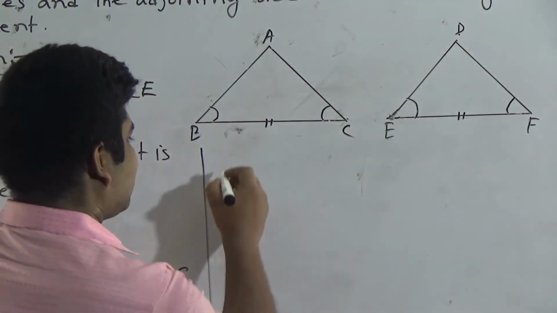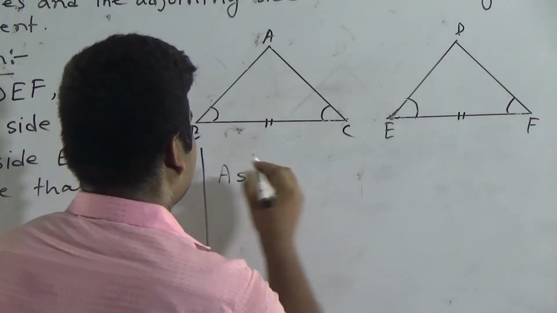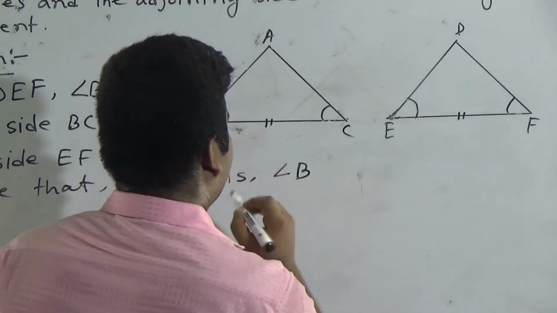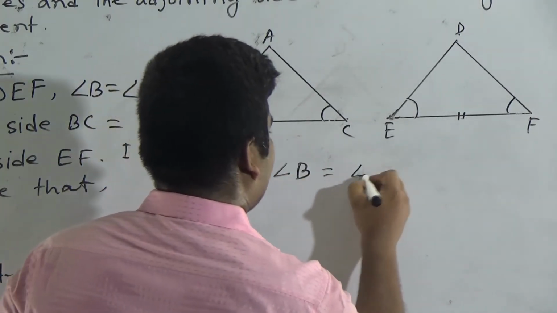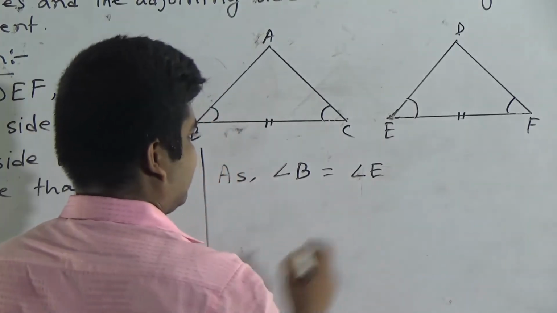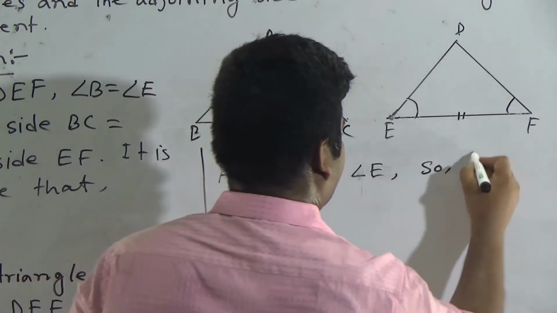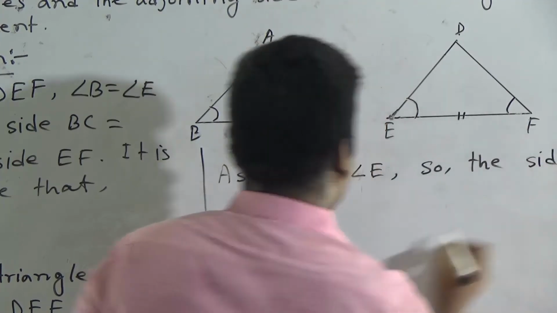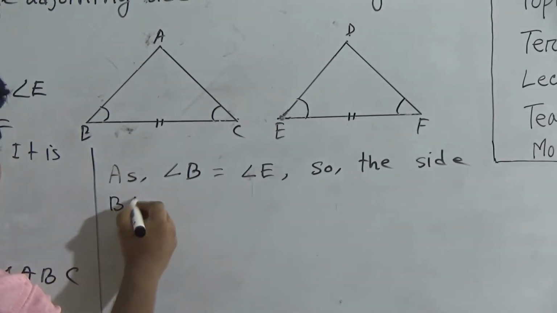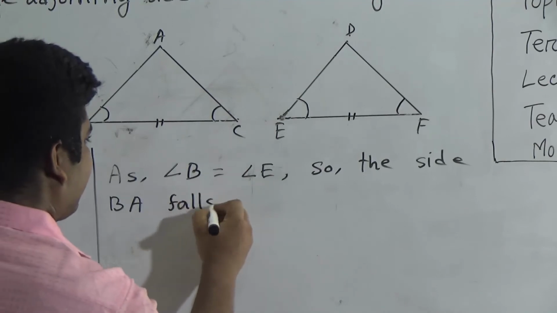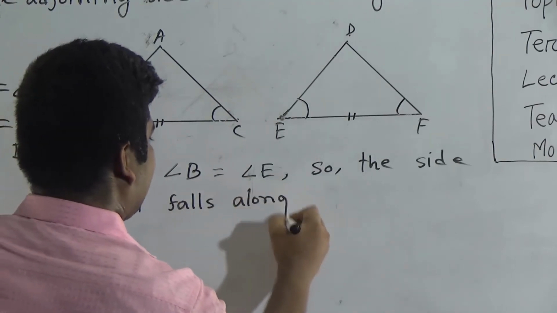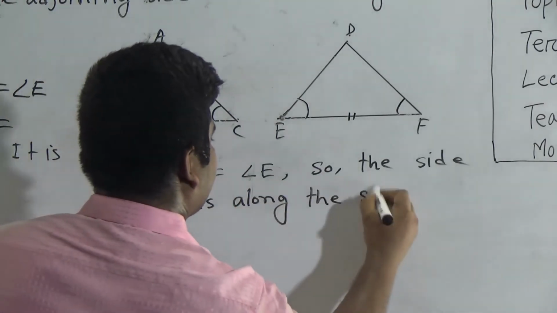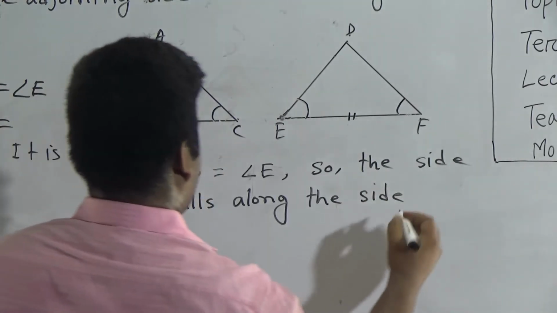Now we write this as angle B equal to angle E, so the side BA falls along the side ED.